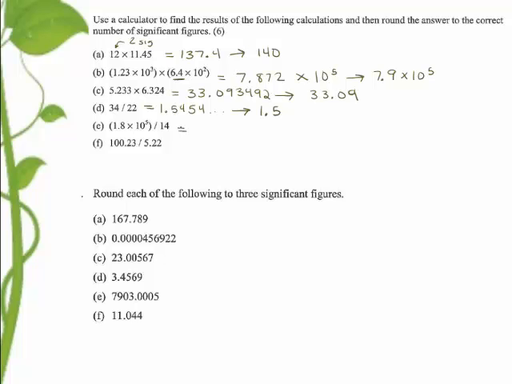Dividing with scientific notation, I divide the numerical part. Okay, now if I multiply this by 10 to the 5th, it would multiply out, and I'd move this decimal place 5 spaces. But I only had 2 significant figures, so I can only have 2 significant figures here.